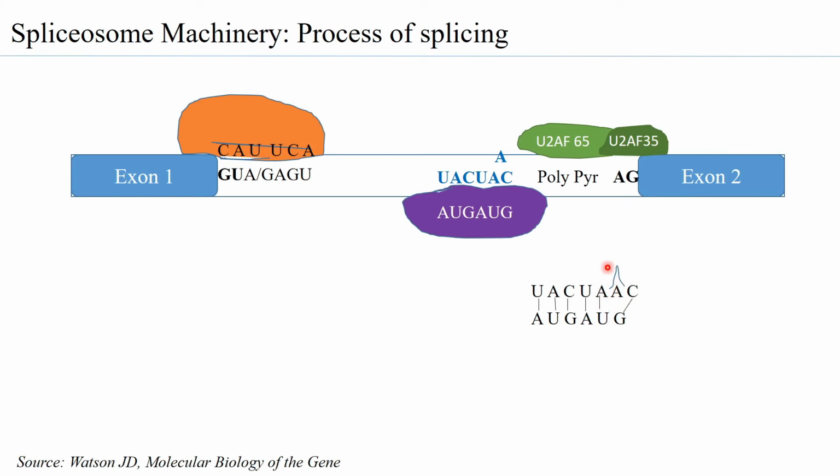So effectively this A is accentuated out. So you can see that it is basically like this, right? So this A juts out, because there is no complementarity over here.